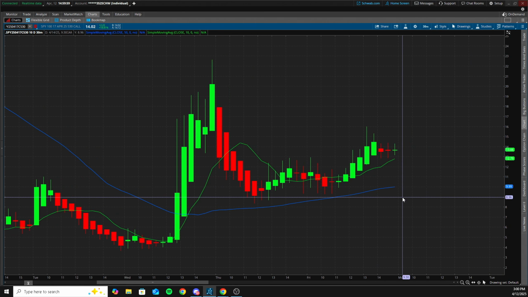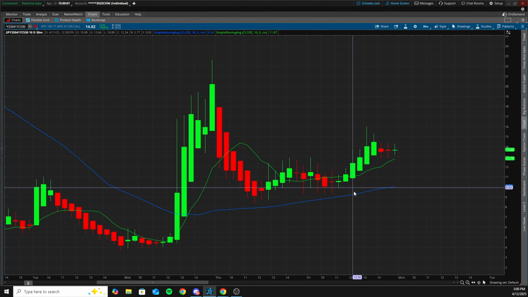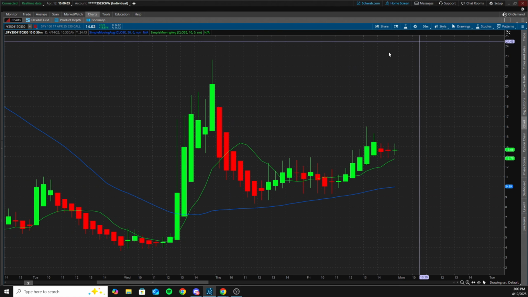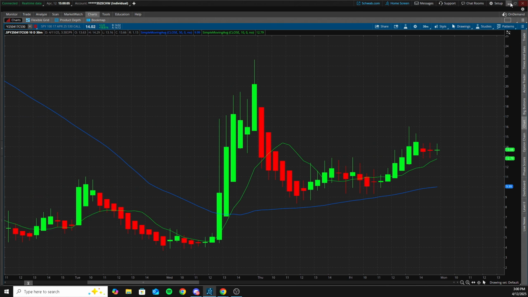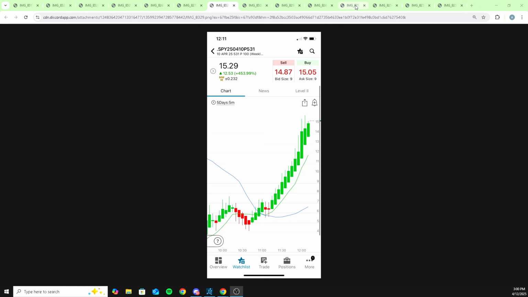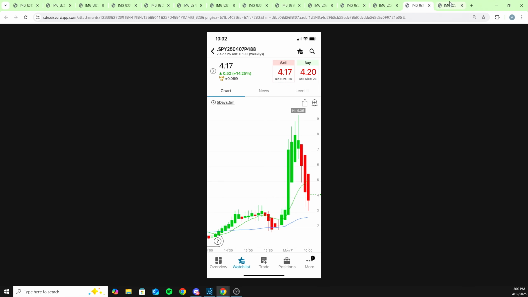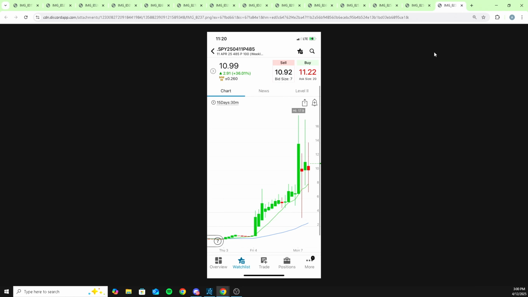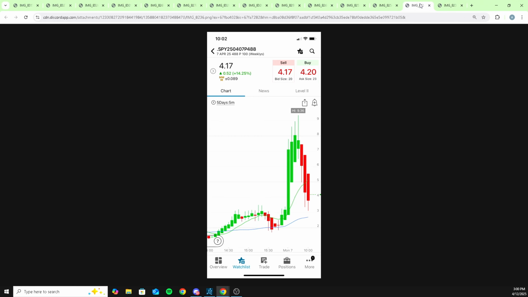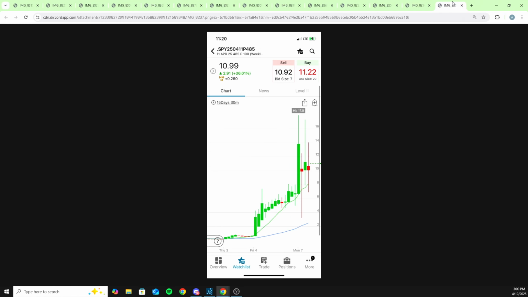So to backtrack a little bit, at the beginning of the week, obviously we ended up just dumping quite a bit. So when we go to earlier in the week, this is kind of what the charts looked like. I'm not exactly sure which day this was. This was what, Monday? On Monday, obviously we ended up getting a massive gap down, and the market was still bearish at the time.